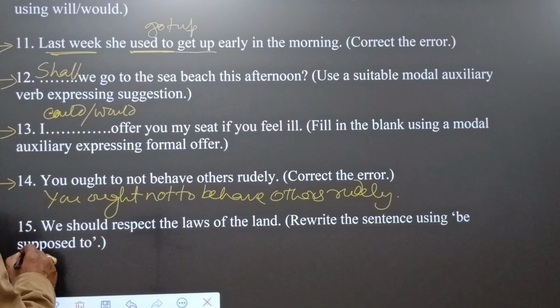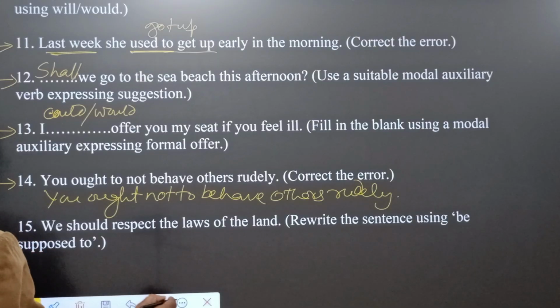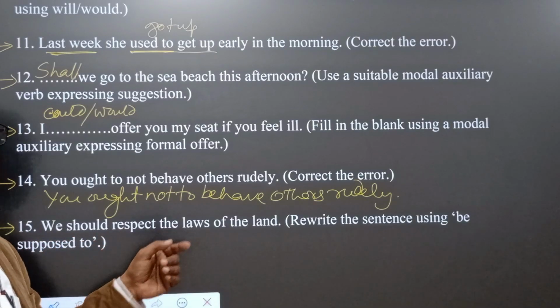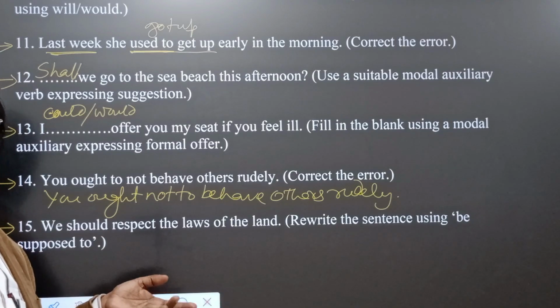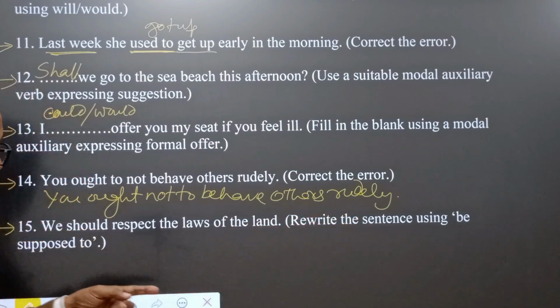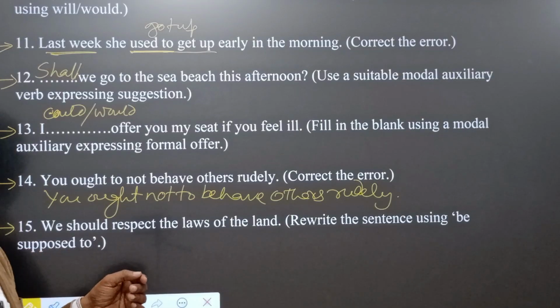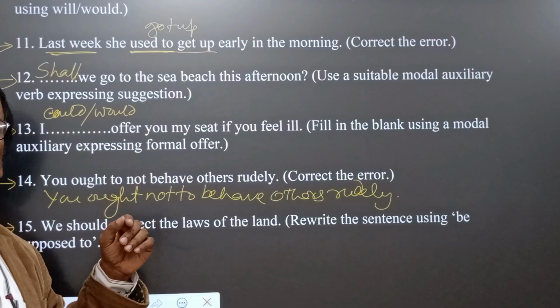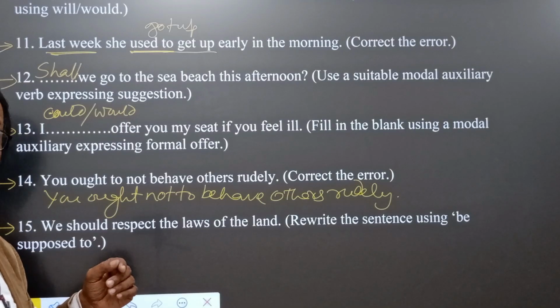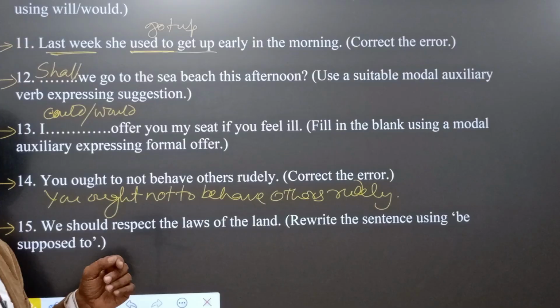Now come to question number 15, the last question. We should respect the laws of the land. This is the obligation of a good citizen. Rewrite the sentence using be supposed to. Remember, be supposed to means is or am or are or was or were supposed to plus infinitive.